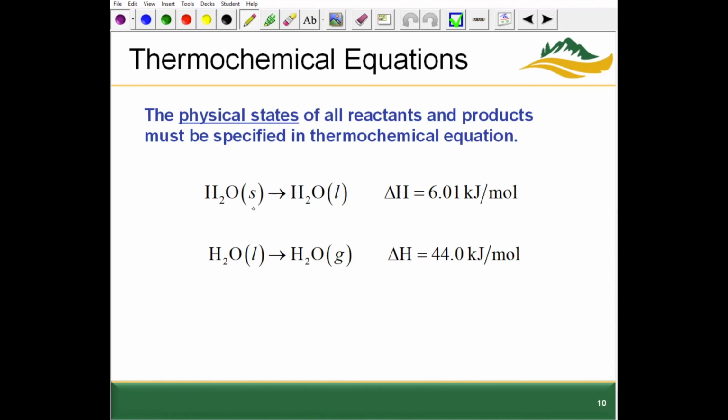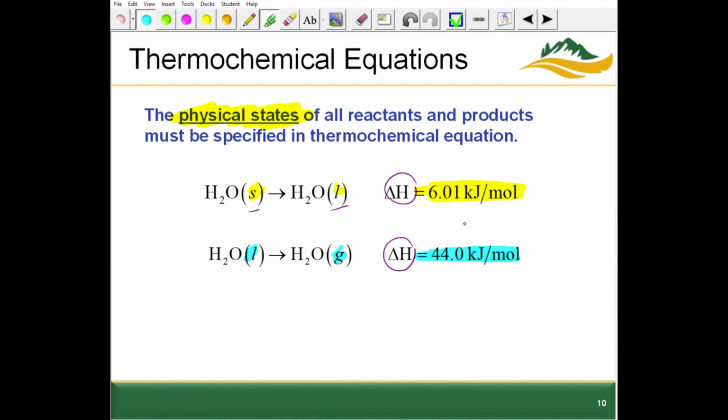Now, we've been practicing incorporating the physical states of matter when we write out balanced reactions. For the change in enthalpy, including the physical states of matter is going to be crucial now. We have to include the physical states of matter. Why? Well, solid to liquid is 6.01 kilojoules per mole, but liquid to gas is a whole other number.